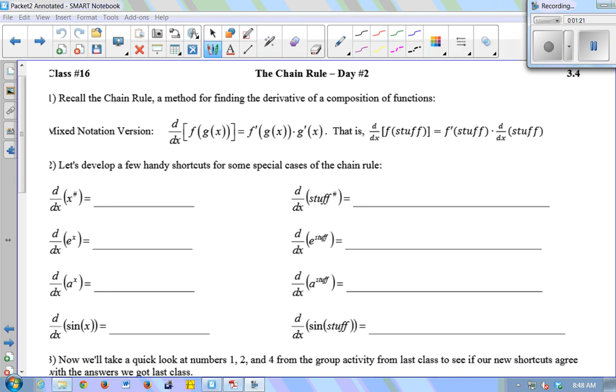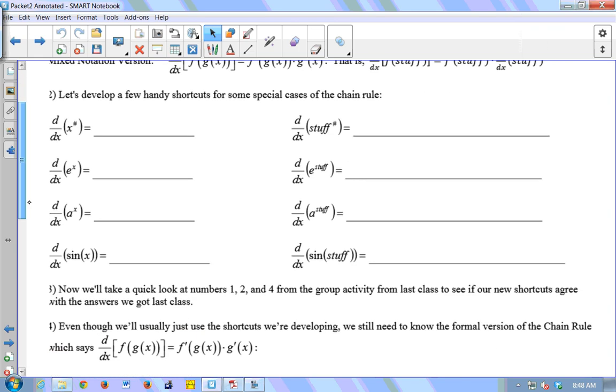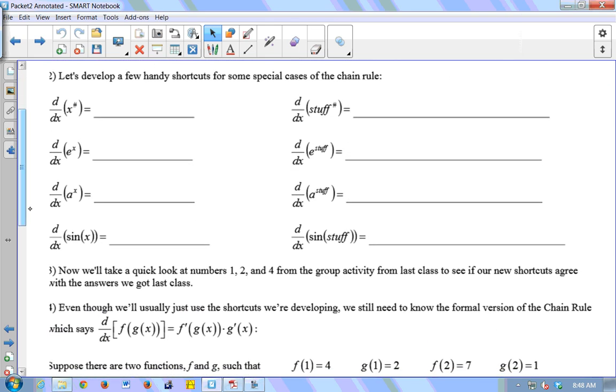So we're going to develop a few handy shortcuts for some special uses of the chain rule. If I want to take d dx of x to a number, just a plain old x to the 5th, what would the derivative be? 5x to the 4th, right? We take the number, bring it down in front, and then have the number minus 1.